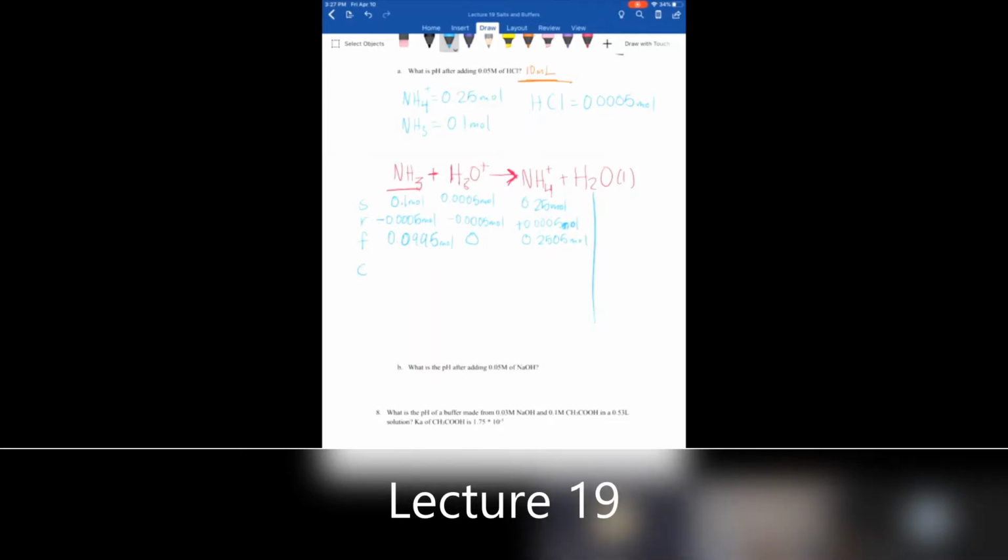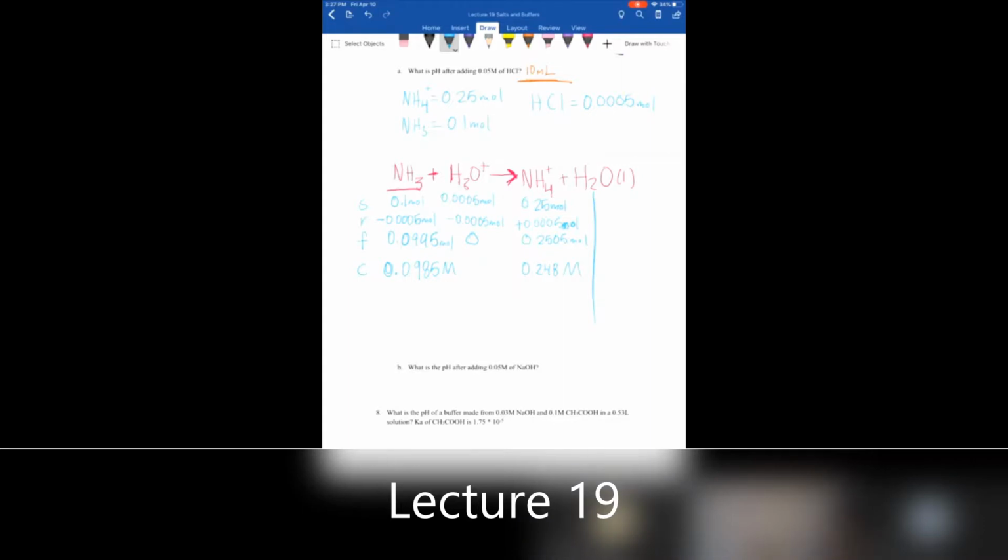Yep. Like 1.01 liters. Alrighty. So take your 0.0995 and divide by 1.01, and you get 0.0985 M. And if you do the same thing, 0.2505 by 1.01, you get 0.248 mole. Big M. Okay.